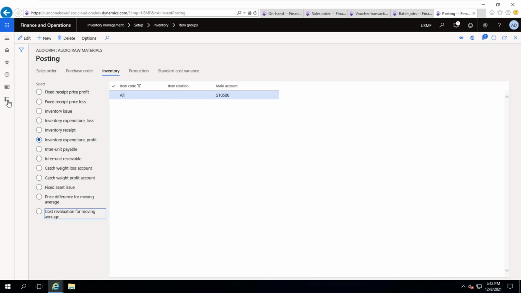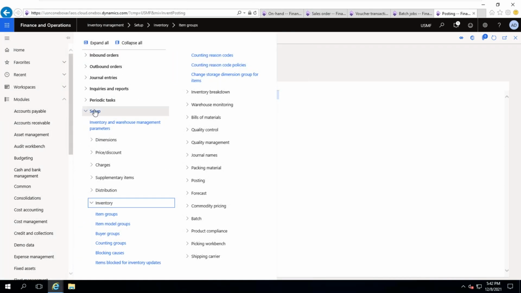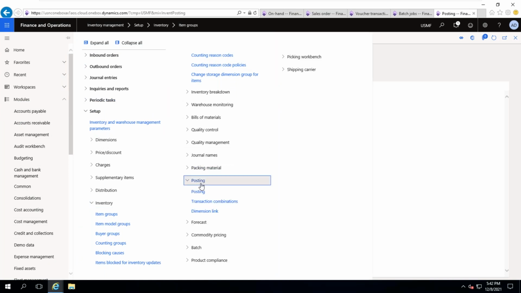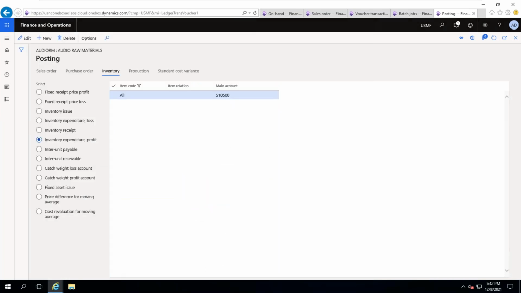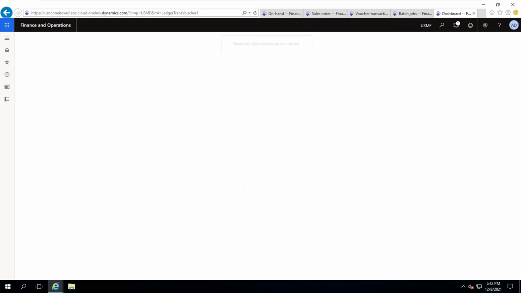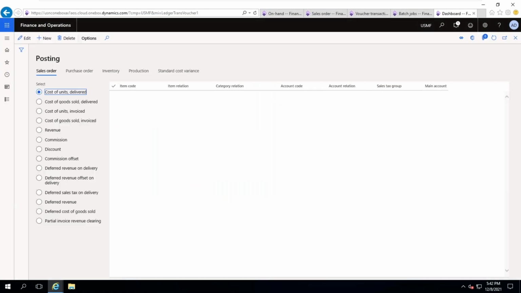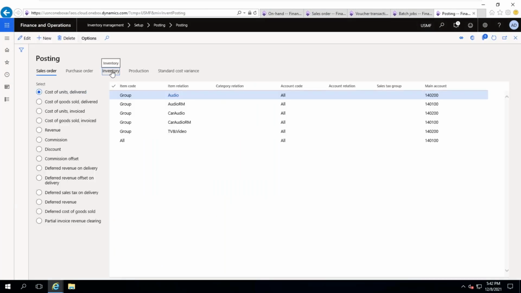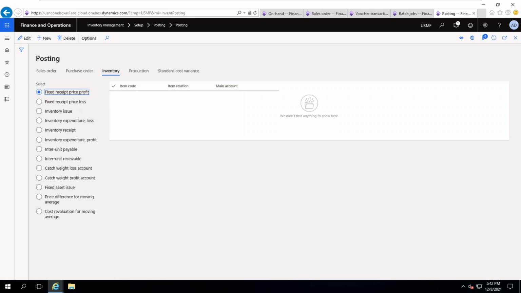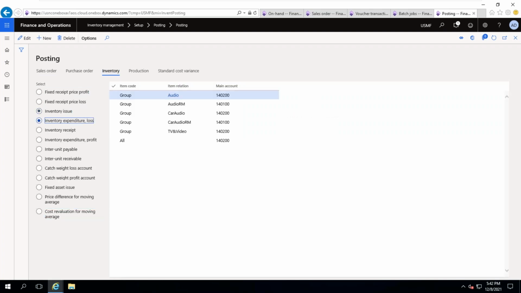The same form you can open from setup, posting. So in the inventory tab, you can find these details. Understood?